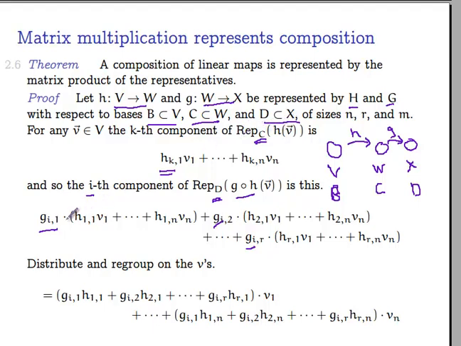The first component is this expression here with k equals 1. If you take this expression and replace k with 1, you'll get exactly this expression here.